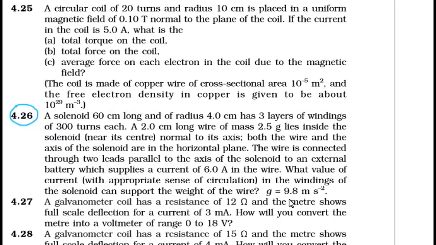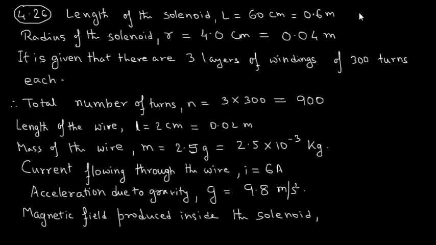Let us see the solution. So length of the solenoid L is equal to 60 centimeter, that is 0.6 meter. Radius of the solenoid R is equal to 4 centimeter, that is 0.04 meter. It is given that there are 3 layers of windings of 300 turns each. Total number of turns N is equal to 3 into 300, that is 900.